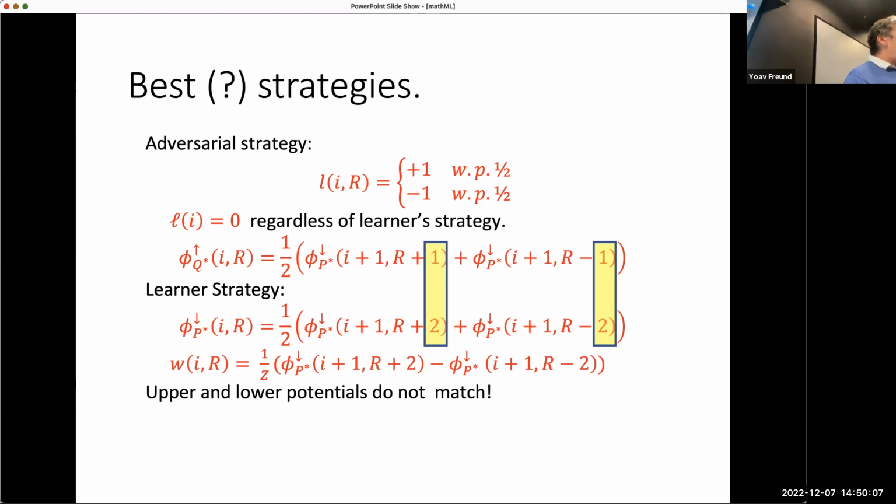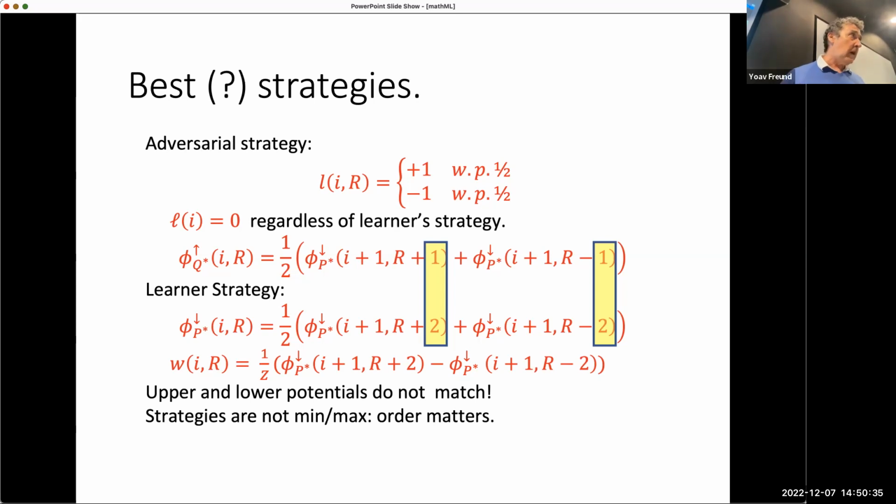Because the regret for a specific expert can change by between -2 and 2, because the loss of the expert is 1 and the loss of the master is 1. So in the worst case, you can have 2. So we got something, but it's not really what we wanted. The strategies are not min-max. It's not a bad strategy for the learner to do that, but it's not min-max.